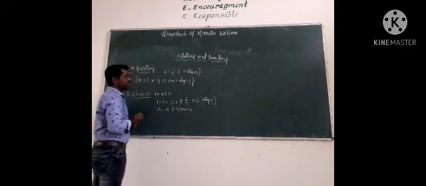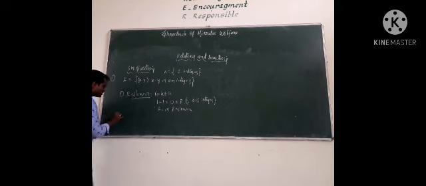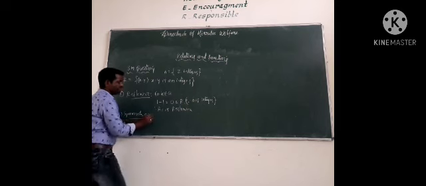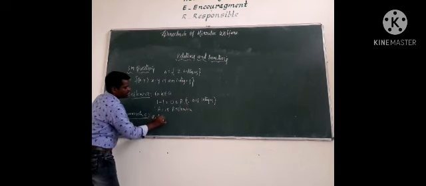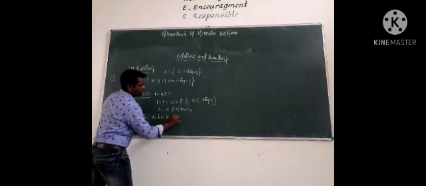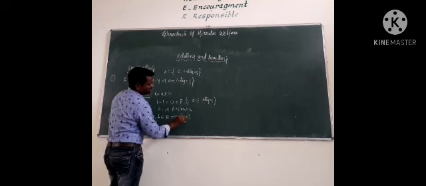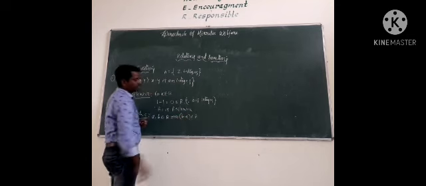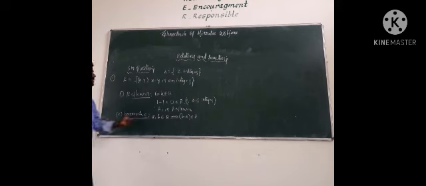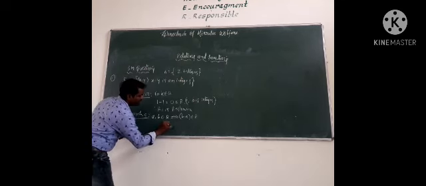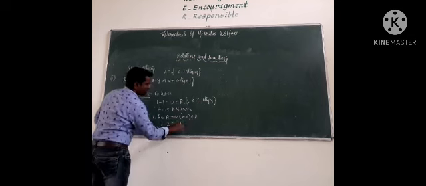Okay. Next, second one, symmetric. Here we have the condition for symmetric: (a, b) belongs to R implies (b, a) also belongs to R. Here we take 1 minus 2 equal to minus 1.